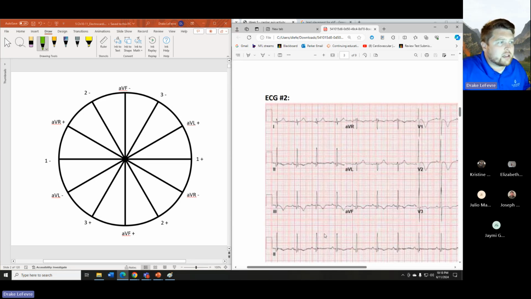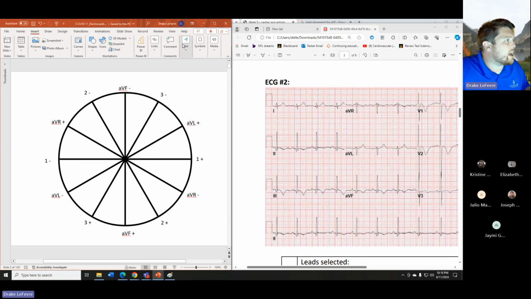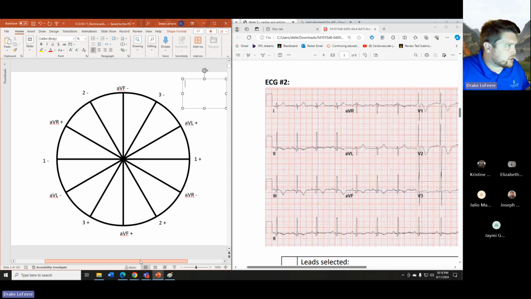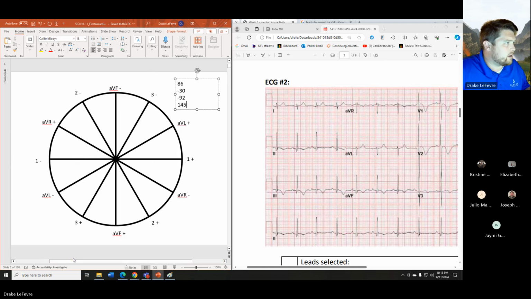You can also look at your answer choices. So if the answer choices were 86, negative 30, negative 90, 92, and 145, right?